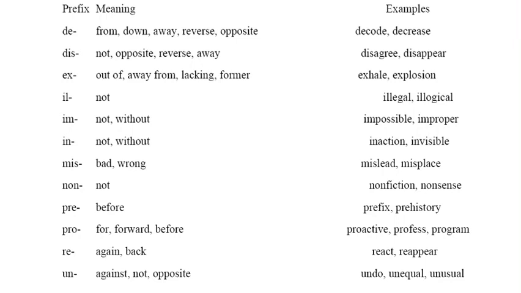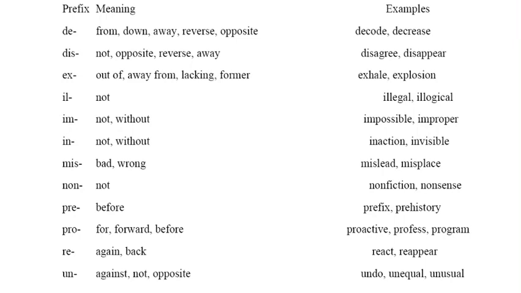Next it comes il, it means not, like illegal, illogical. So legal was the root of the word, and il was added, and it becomes illegal, so it becomes the opposite, not legal. Illogical. Then im, so it's also not, without, like impossible, improper.